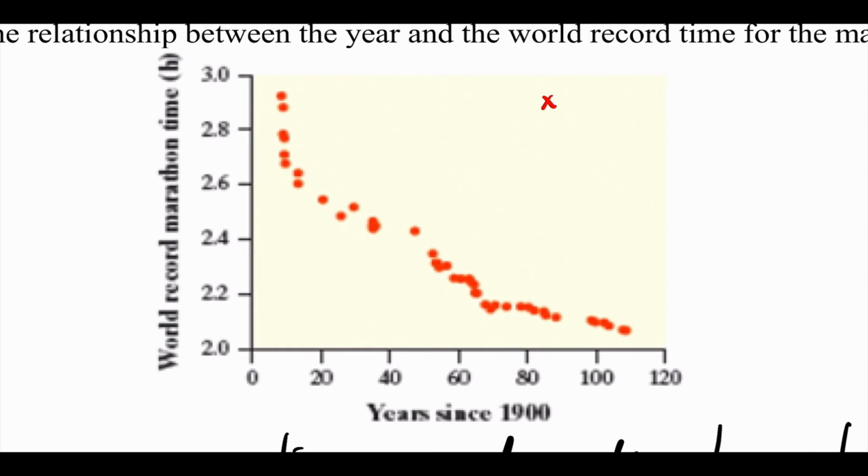What does in context mean? When I say in context, what does that mean? Using whatever they're using. So talk to me about years and talk to me about hours. So what you guys are saying, but use years and hours. Okay, go ahead, John.